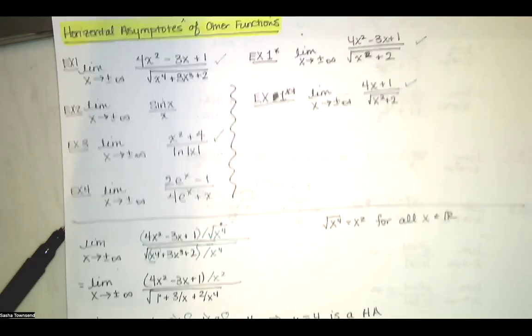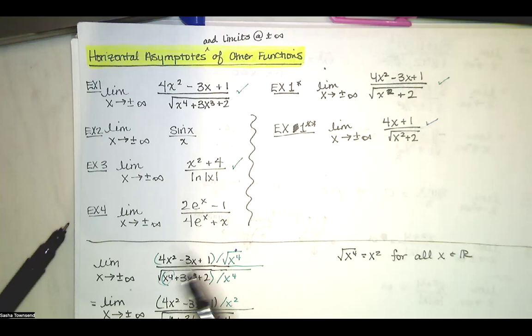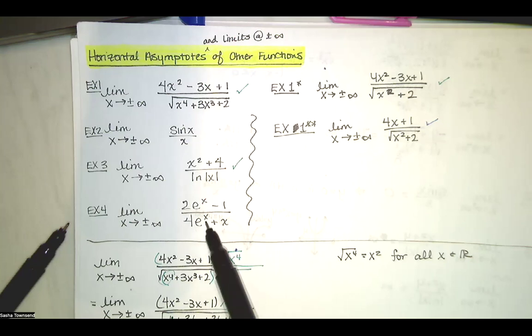We have to think about which functions dominate, or which functions are largest as x goes to infinity. Obviously, e to the x, an exponential function, grows much faster than y equals x. So we'll graph those functions, e to the x and y equals x. We see that the e to the x term dominates.